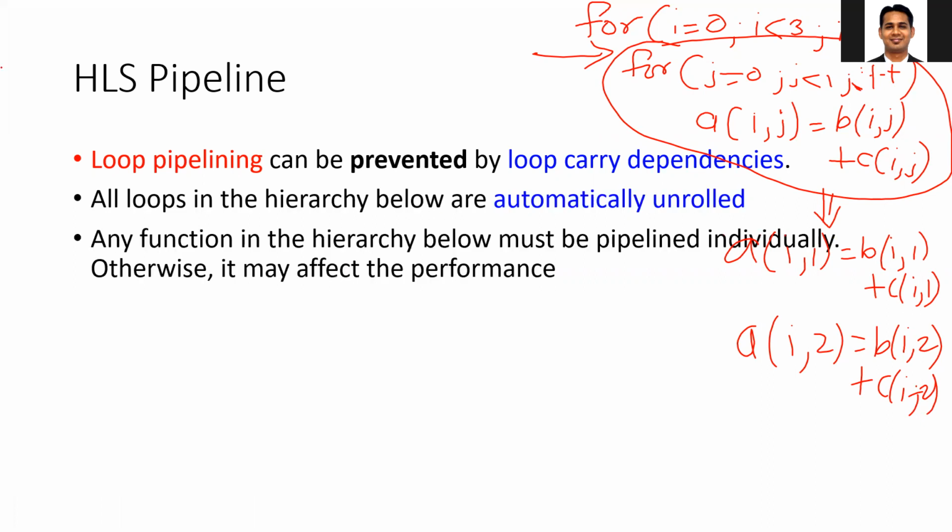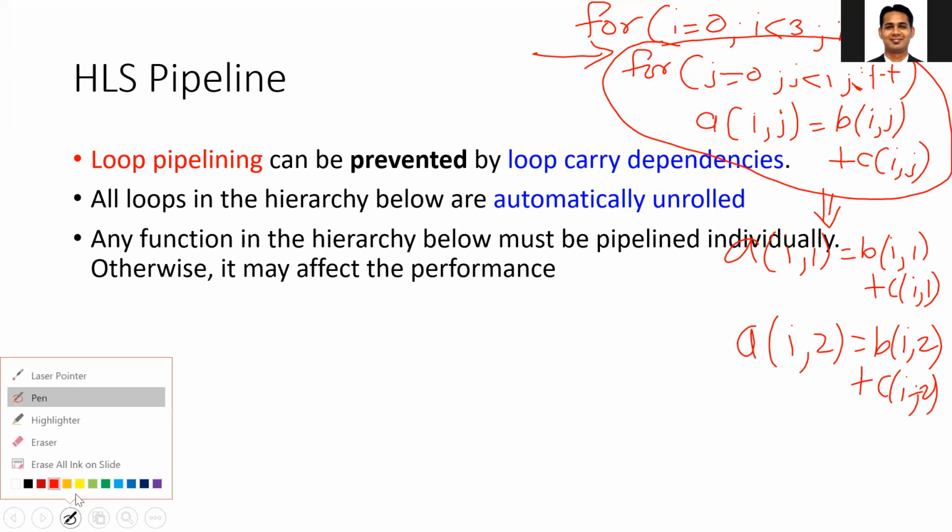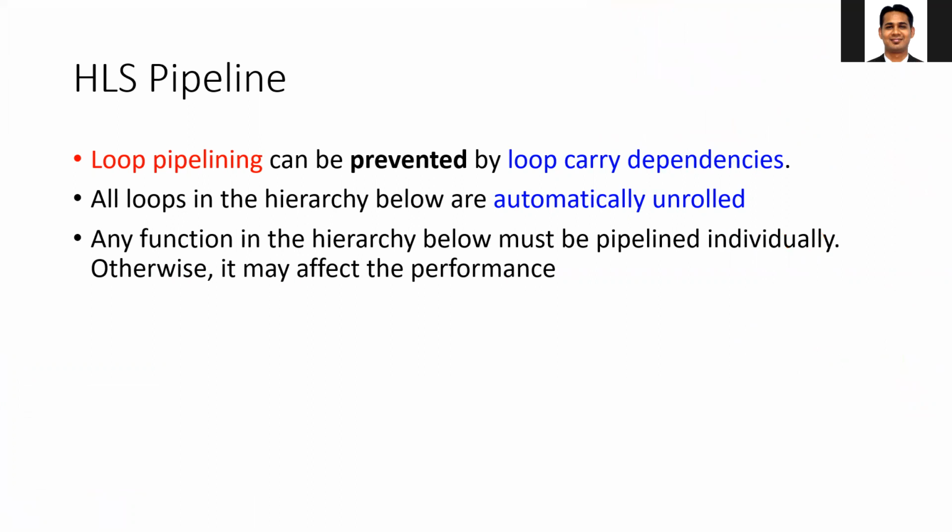In case of the function, as I told you, pipelining can be applied to loops as well as functions. So you have a function and you are pipelining that function, but there is an additional sub function in it. So you are calling another function in that function. Then you need to make sure that you pipeline that function separately.